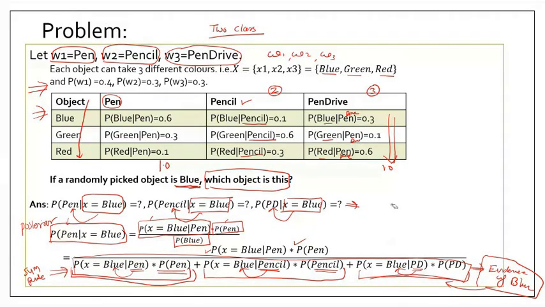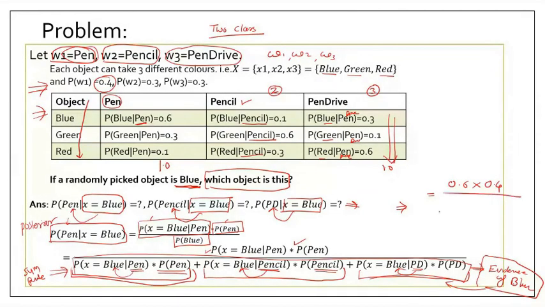Suppose I write here. Say first, given pen, what is the chance that it is blue? Given pen, the chance that it will be blue is 0.6. You can see here. Multiplied by the prior of the pen. What is the prior of the pen? Pen is omega 1, so the prior of the pen is 0.4.